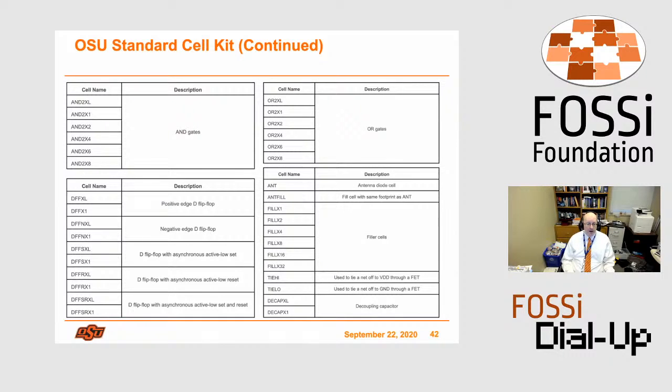We also have AND gates, a whole collection of flip-flops, asynchronous, and we hope to have synchronous as well, OR gates. We also have antenna diodes integrated into our standard cell set, so you can integrate them automatically with your EDA tool, as well as decoupling capacitors and filler cells, as I mentioned before, as well as the ability to tie high or tie low for a specific set device.